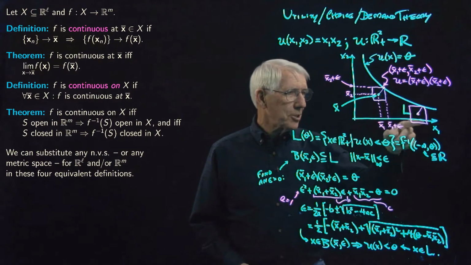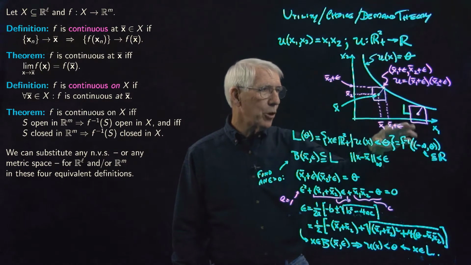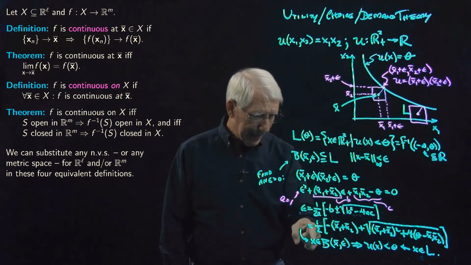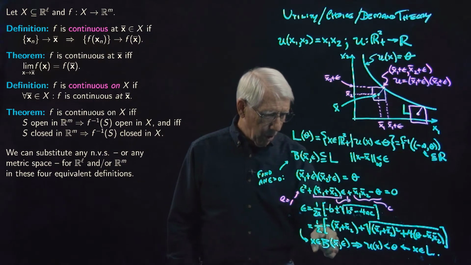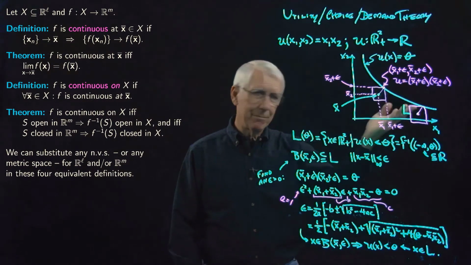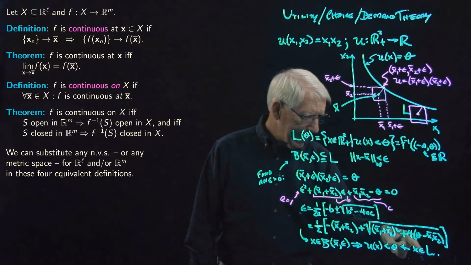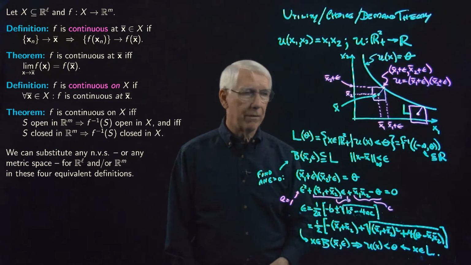So that epsilon square now includes things that are not in R2 plus, and therefore they're not in L. So actually, it looks like the ball around x bar of radius epsilon, radius in the sense of the square, is not necessarily completely a subset of L. So maybe we didn't prove that L is open after all.